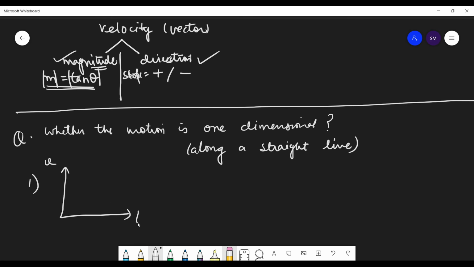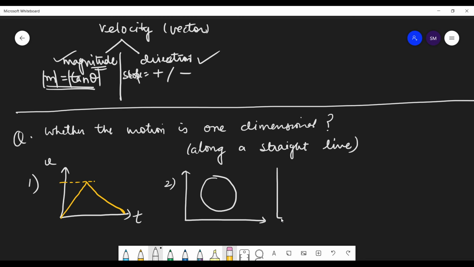This is a velocity time graph, and that's your graph. You have to tell me whether it is one dimensional. I'm giving you four options. Only one of these graphs is one dimensional.